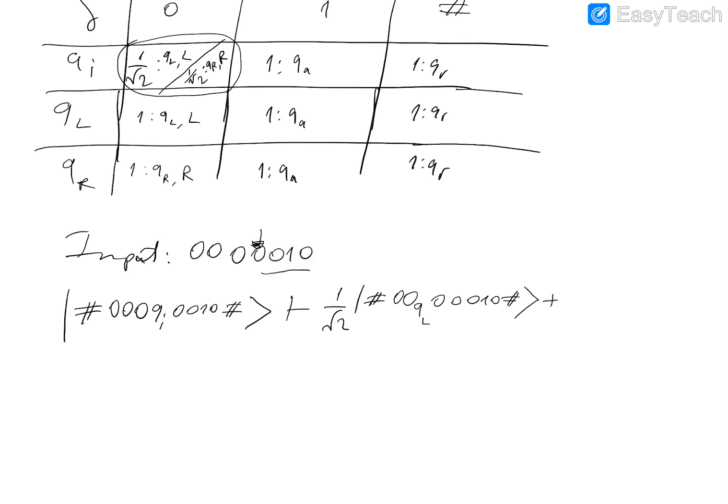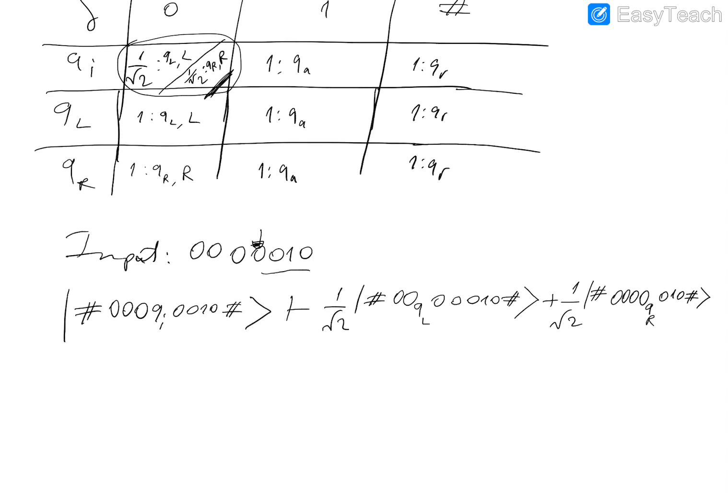Plus, the next element of the superposition is going to the right. Hash, in this case we have 0000, we are in Q right, Q right, 0, 1, 0, hash. This is just a hash symbol.